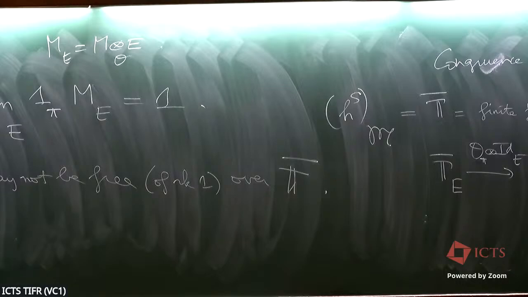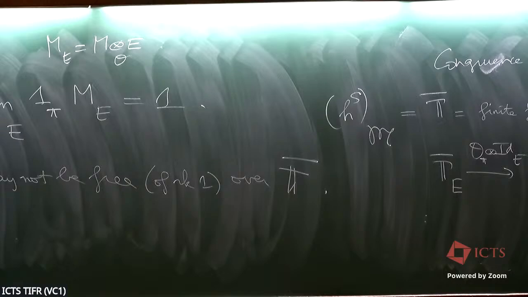So you see, we have M, we tensor by E. So this is a module over TE. And in TE, we have idempotents. We have the idempotent 1 pi, and we have the idempotent 1 T prime.